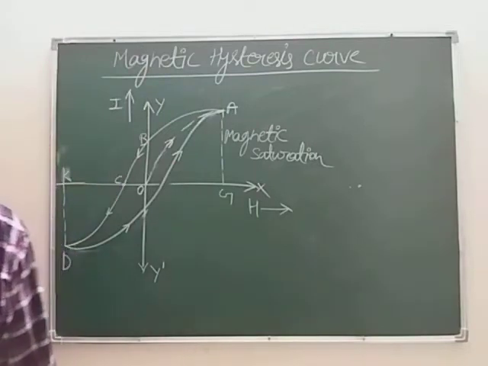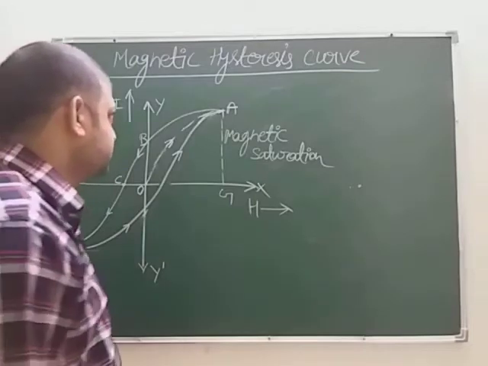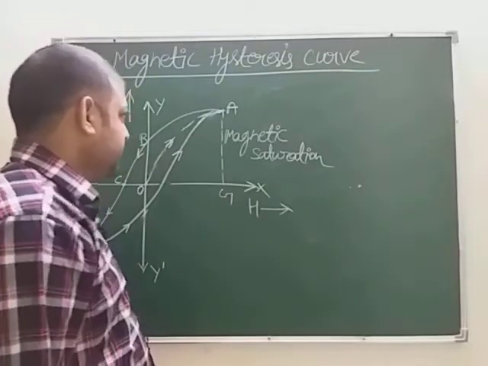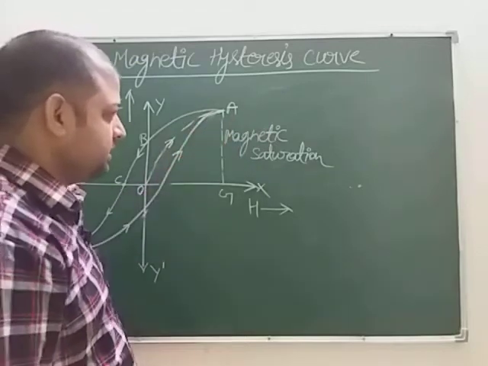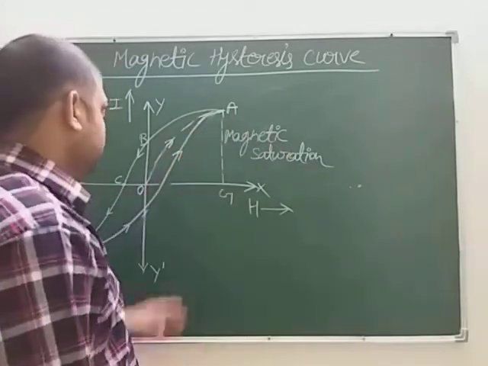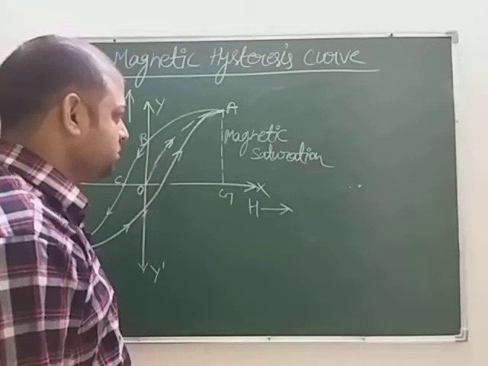Number two. Now the graph cannot increase further in the direction of X, because at some value of Y it becomes constant.